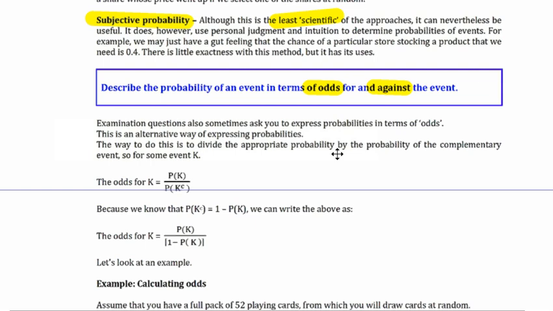Let me give you the formula over here, nice and simple. Odds is equal to probability on the top. Is everybody comfortable with that? And on the bottom, 1 minus the probability.